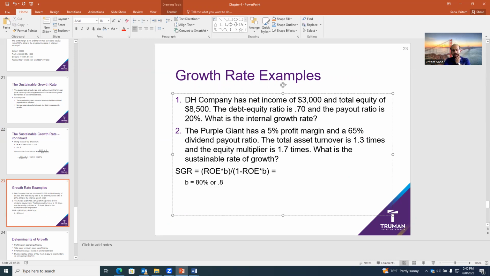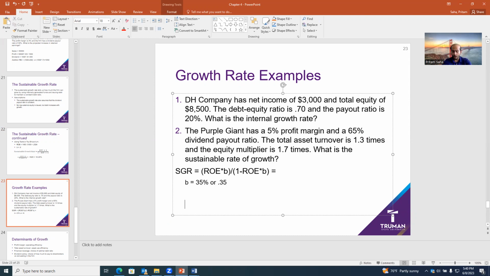Now it's telling you 65% is payout, so that means retention is 35%, or 0.35. Return on equity is not given, but it gives you a 5% profit margin, total asset turnover 1.3, and equity multiplier 1.7.